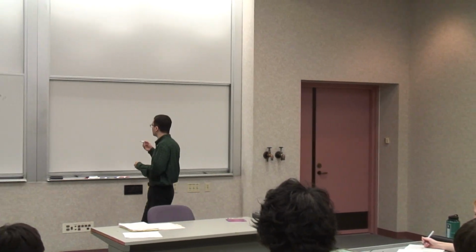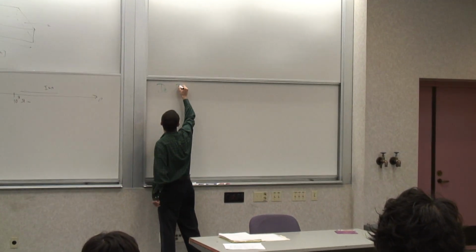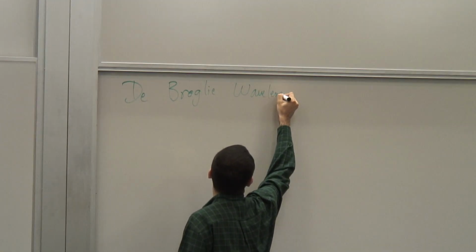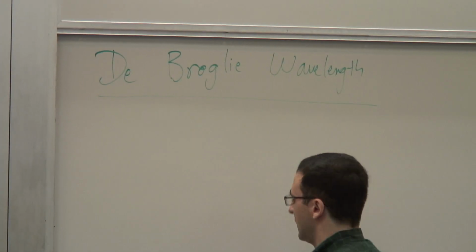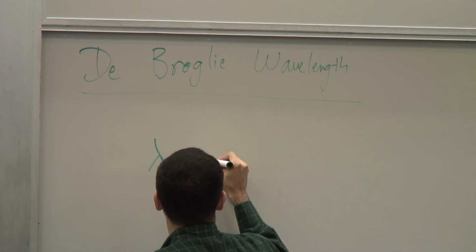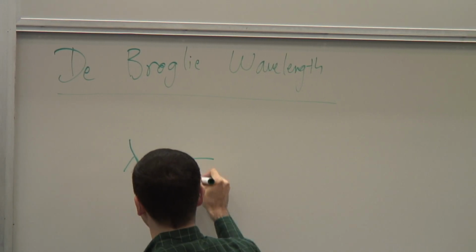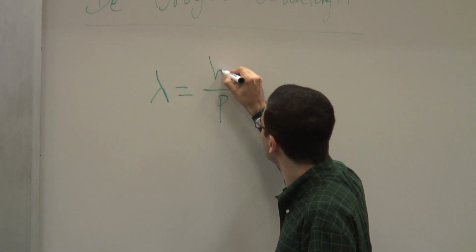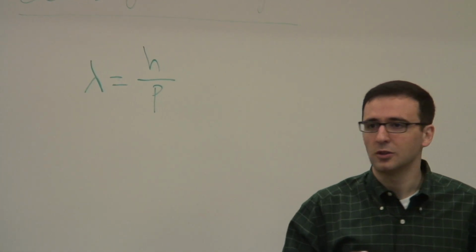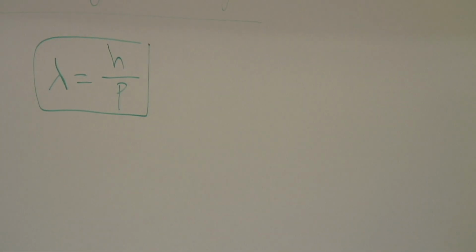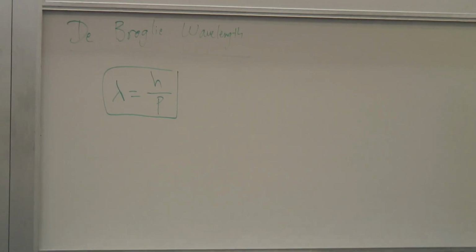In fact, you can assign a wavelength called the de Broglie wavelength, lambda, which is inversely proportional to p, the momentum, and the proportionality constant happens to be what we call Planck's constant. This is basically all we need at this point to capture the quantum behavior of things. We'll start from this and derive everything else.